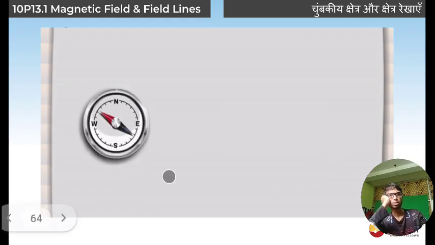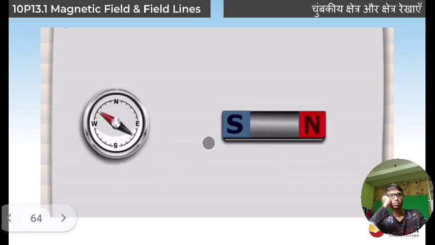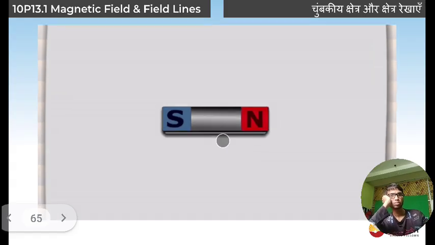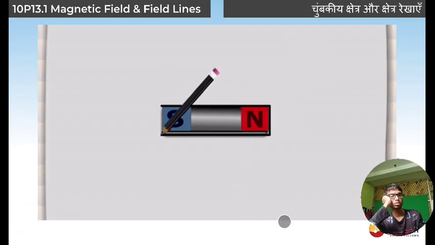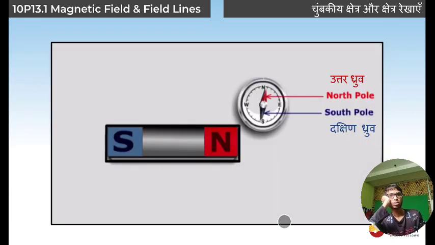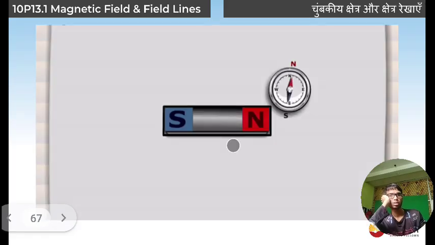We have this component. North pole, south pole. Yes, we know this is the north pole, this is the south. This is south pole, north pole. Then what will happen? Nothing.